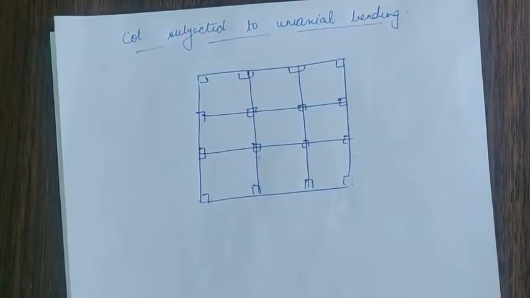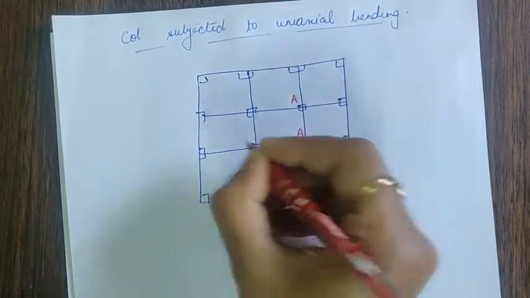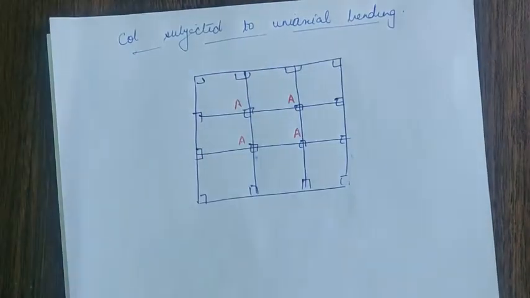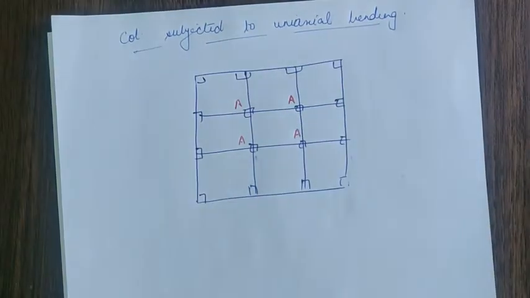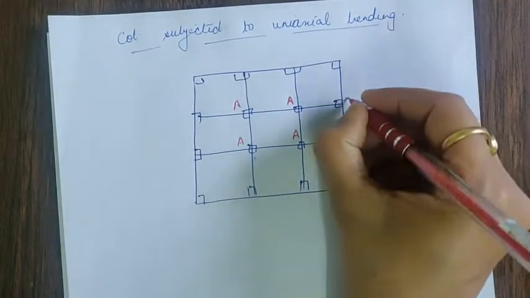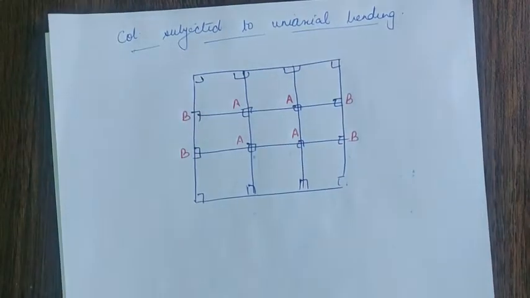Now typically the columns that are in the central locations, these A and A, these columns are considered to be subjected to axial compression. But these columns that are marked as B, they are subjected to bending also along with the load.